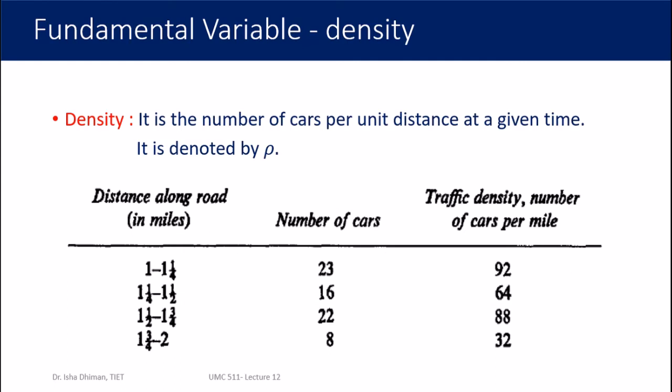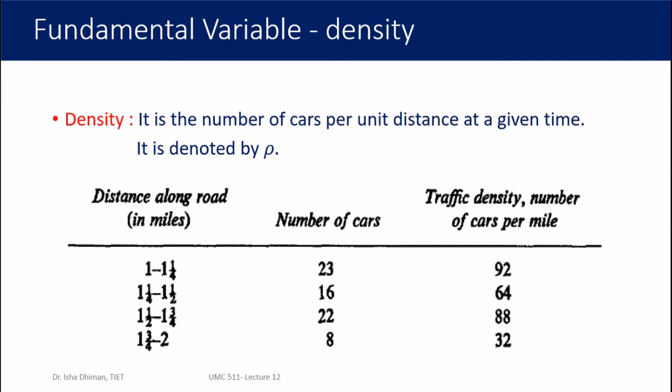Here's an example. Here's the distance along the road measured in miles, the number of cars they have measured, and then the traffic density, which they have computed as number of cars per mile. So they want to define their rho as number of cars per mile. But the data they have collected is not per mile, it is per quarter of a mile. From 1 to 1.25 there are 23 cars. From 1.25 to 1.5 miles there are 16 cars.